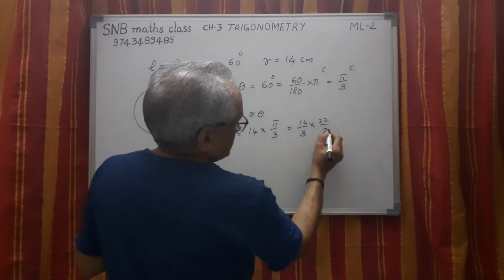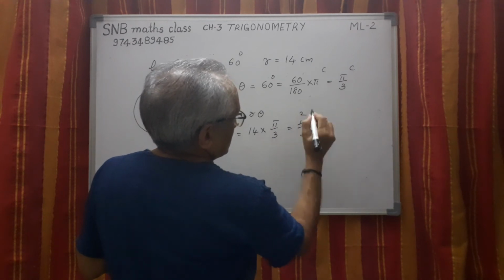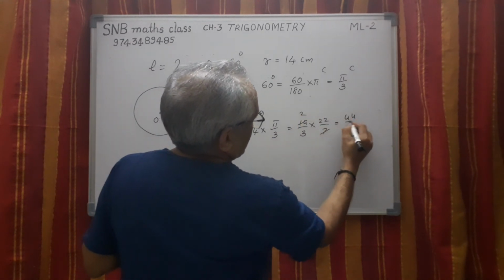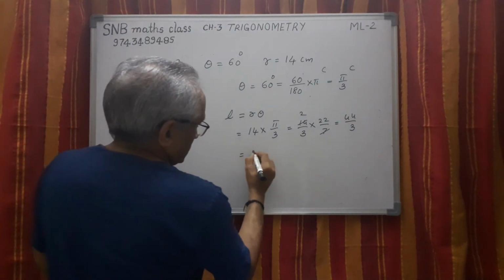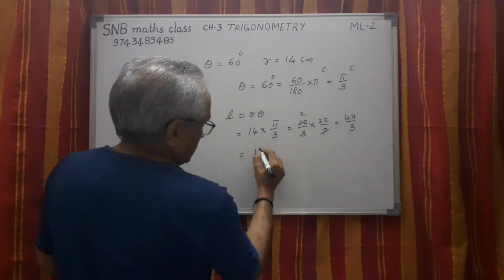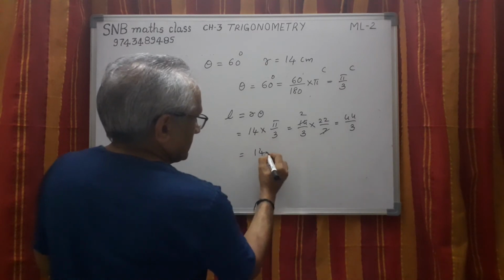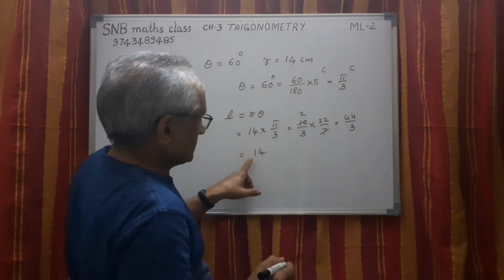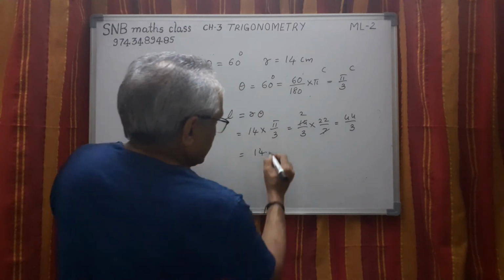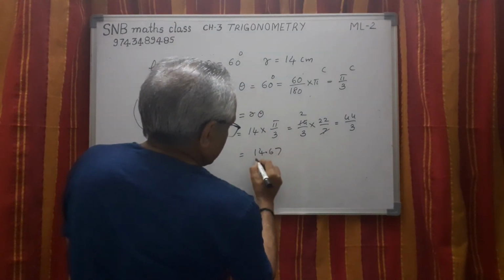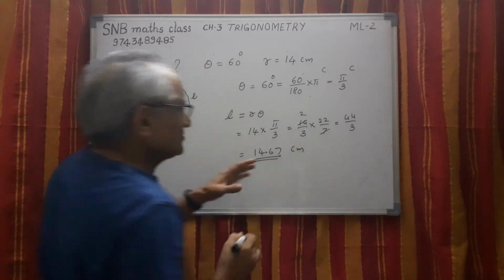So 7 ones are 7, 7 twos are 14. So this becomes 44 by 3. And this we can simplify further. For example, 3 ones are 3, 14, 3 fours are 12, 20. So 6, 7, approximately it is centimeter. This is not very important.